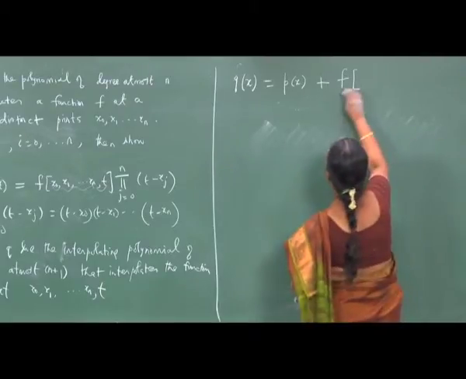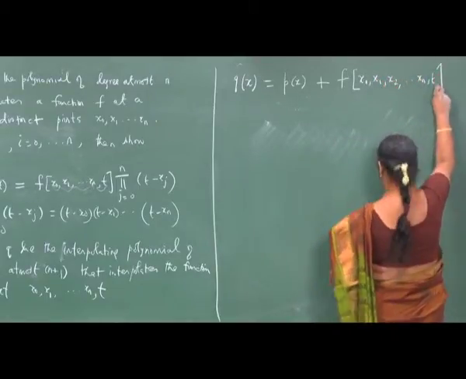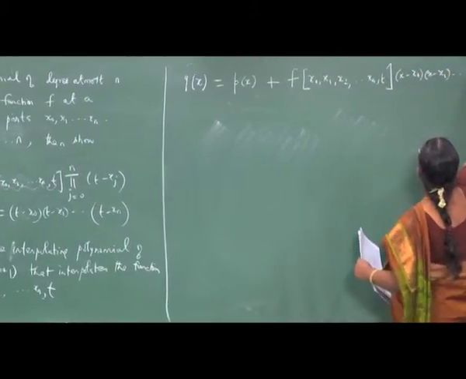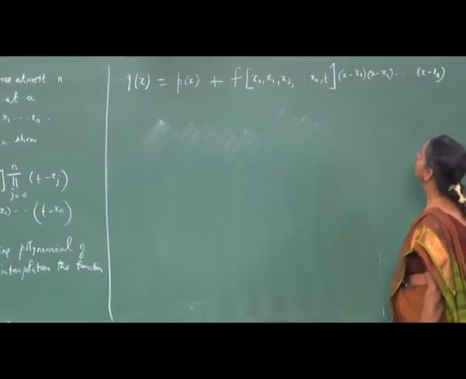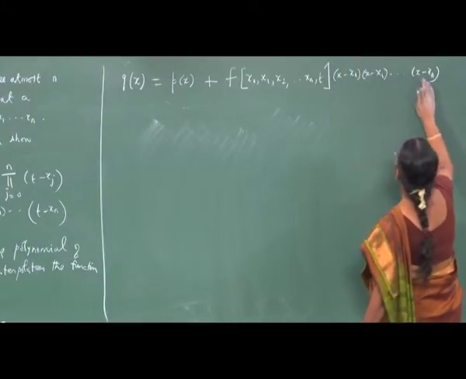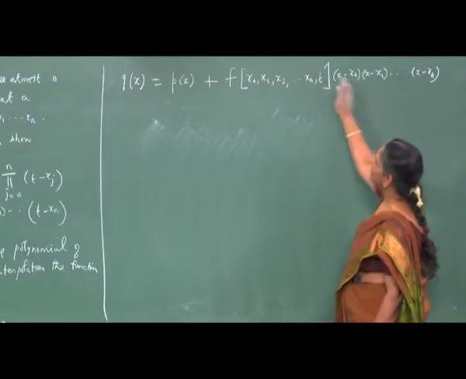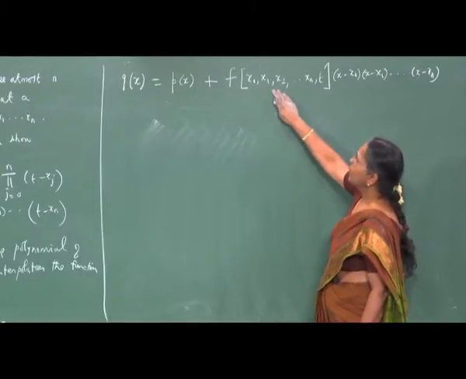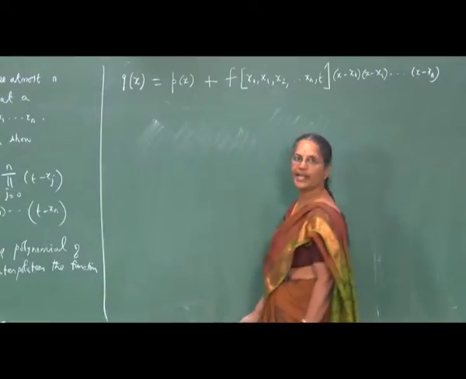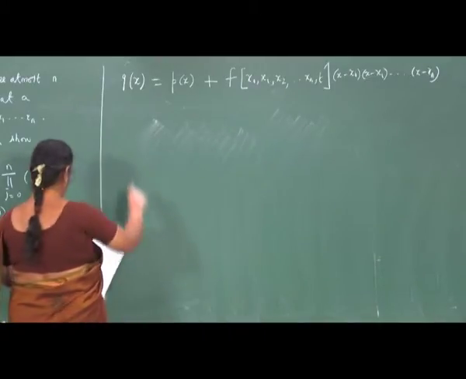That a n plus 1 will be the divided difference f of x0, x1, x2, etc., xn, t multiplied by the factor x minus x0, x minus x1, etc., up to x minus xn. So, how many such factors are there? Starting from x minus x0 up to x minus xn, there are n plus 1 factors. So, this is a polynomial of degree n plus 1, its coefficient is this n plus 1th order divided difference, and it is added to a polynomial of degree at most n. So, that will be the polynomial q of x.